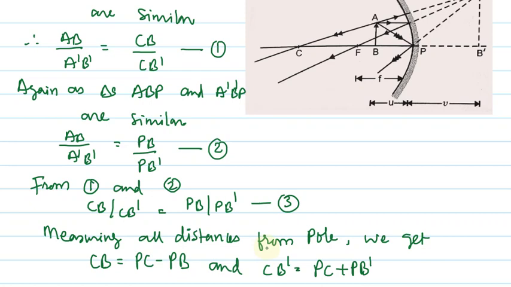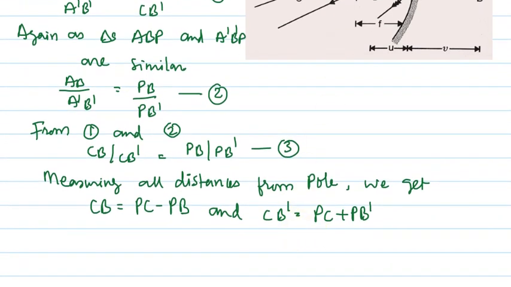Let me consider PB is equal to U, PC is equal to R, PB prime is equal to V, where U is the object distance, V is the image distance, and R is the radius of curvature.